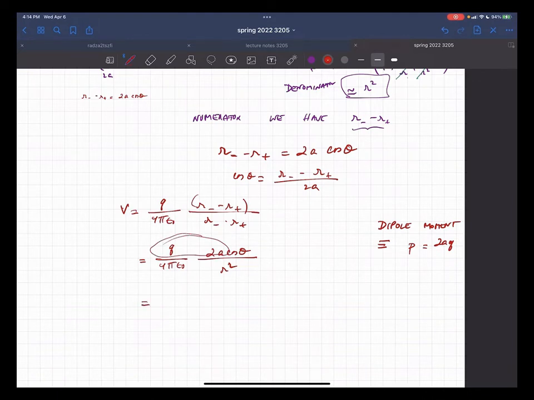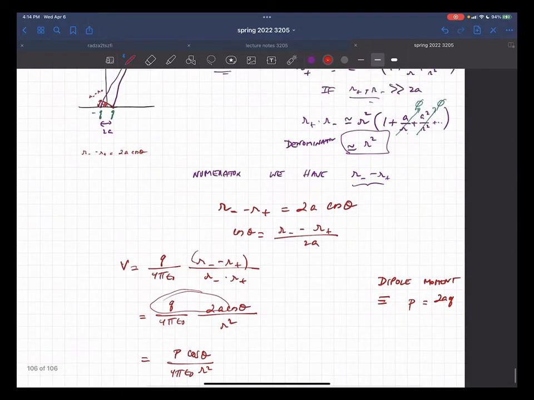So that's equal to P cos theta over 4 pi epsilon naught r squared. Okay, so far so good.